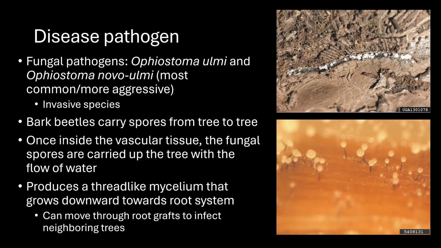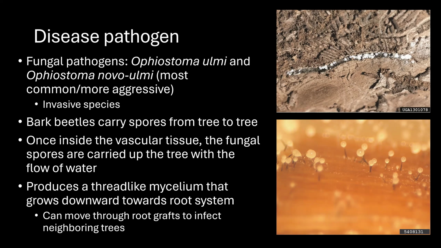Once these spores have made it onto the tree and are inside the actual tissue itself, they can easily be carried up and down to the rest of the tree. It's carried through the water-conducting tissue, which makes it much easier, unfortunately, for it to infect the rest of the tree, and the spread can happen pretty quickly.